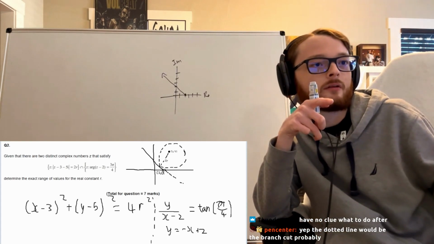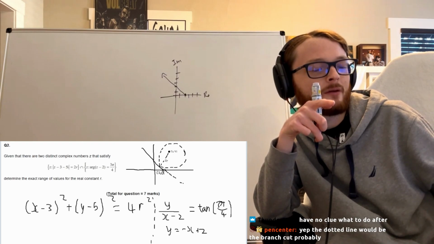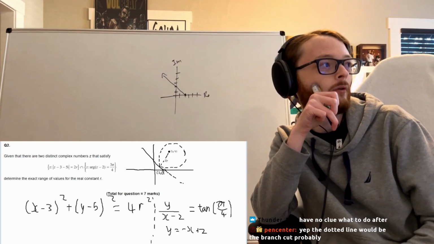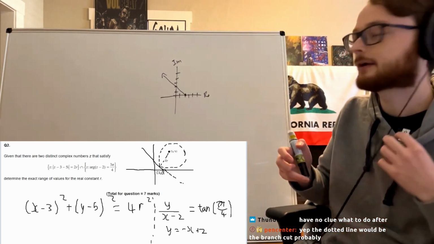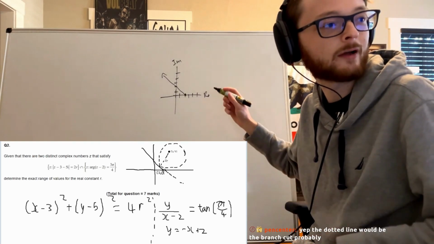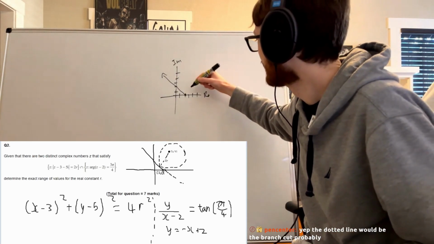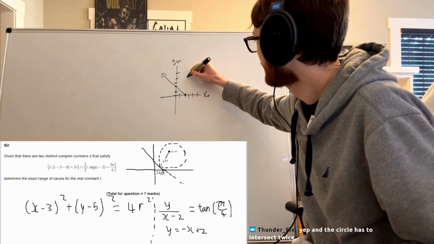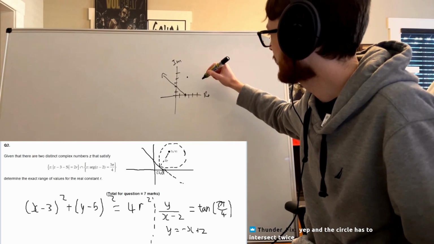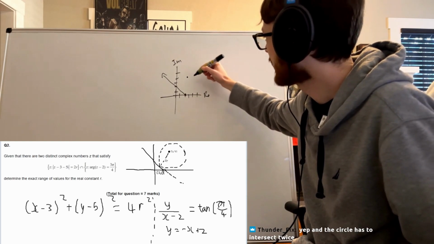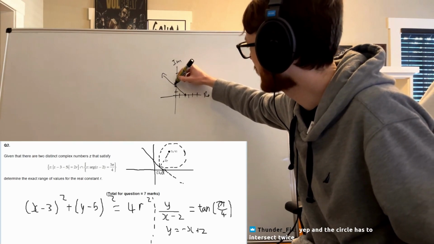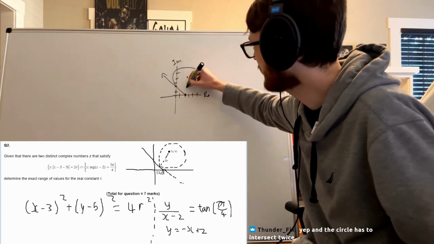But, so I guess we could get the minimum, and there shouldn't be a, no, there has to be 2 solutions. So we could try to find, if our circle is centered at 3, 5, we're gonna have one case where the circle's just big enough that it hits the line once, which doesn't count because we need it to hit twice.